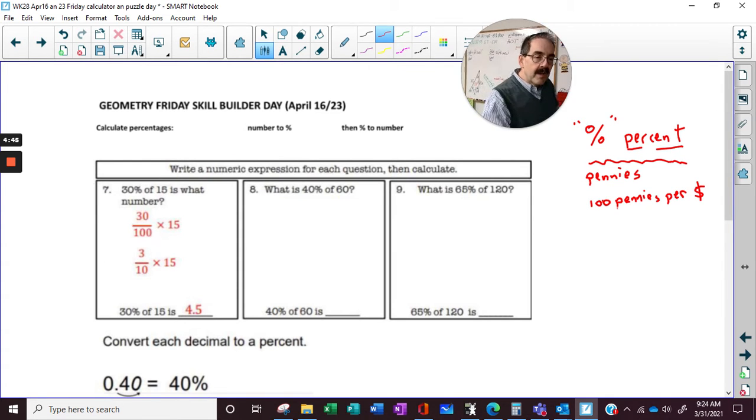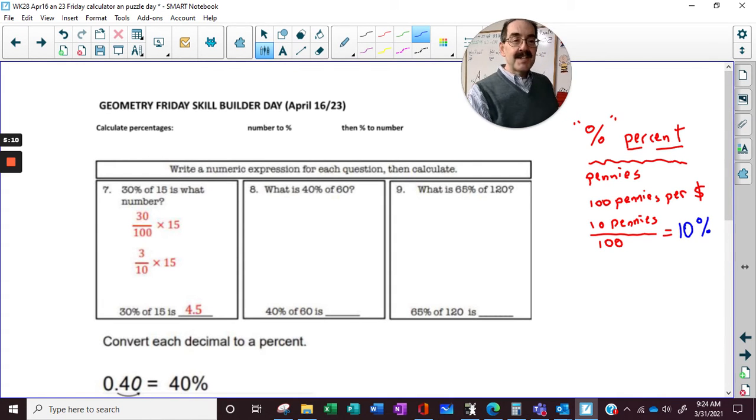So now if I have 10 pennies, what do I have? 10 pennies out of 100 gives me 10%. Serious.